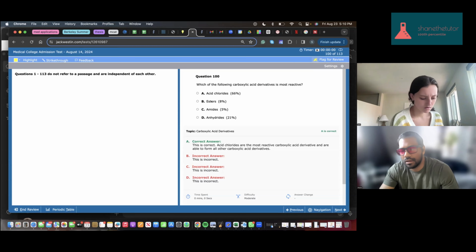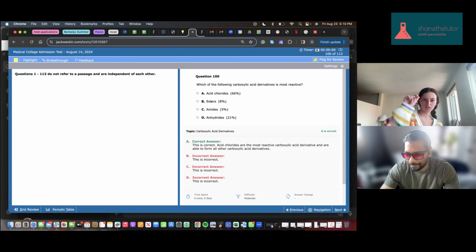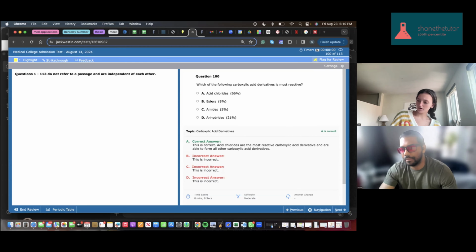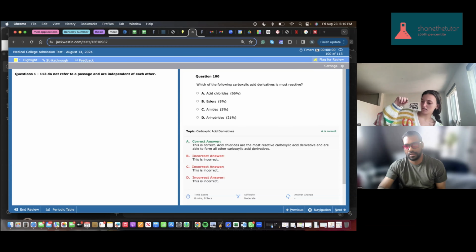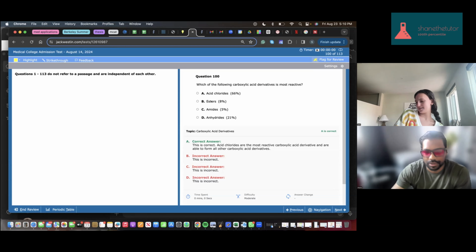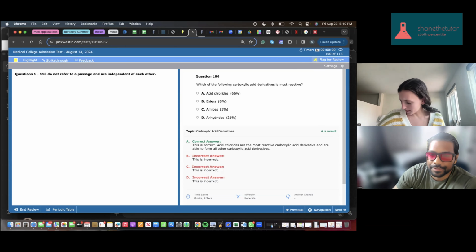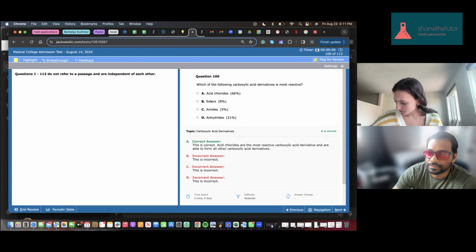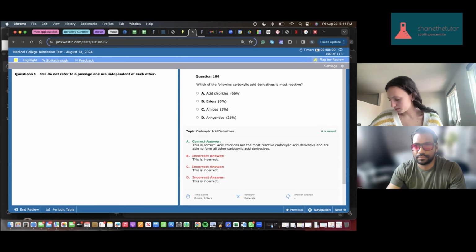Anhydrides have an extra oxygen. I'm trying to reason out why acetyl chloride would be last.